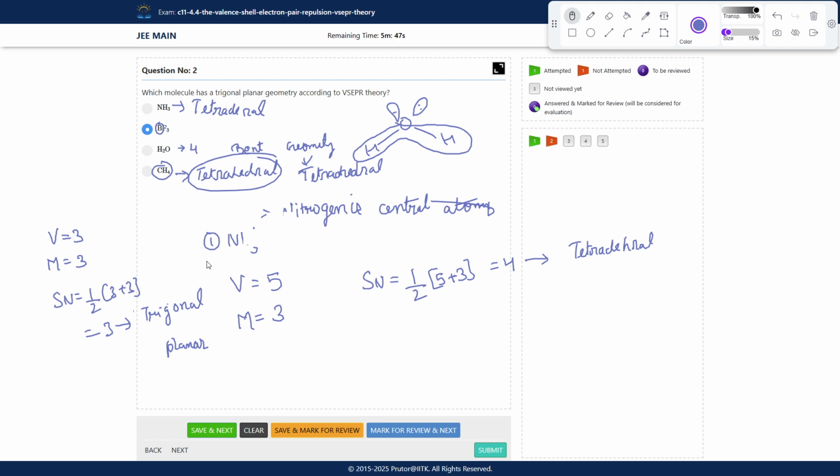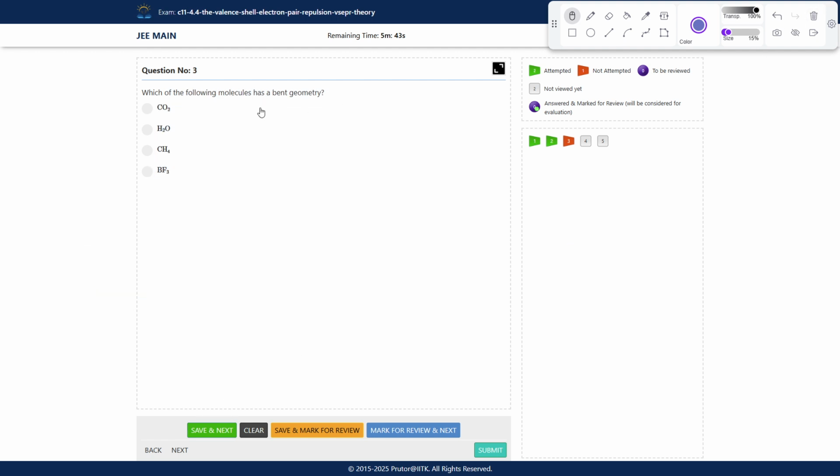Now, moving on to the next question. Which of the following molecules has a bent geometry? So here comes your next question. We have already calculated for all of these, and we know very well that H2O will have a bent shape. So here it will be shape and not geometry.